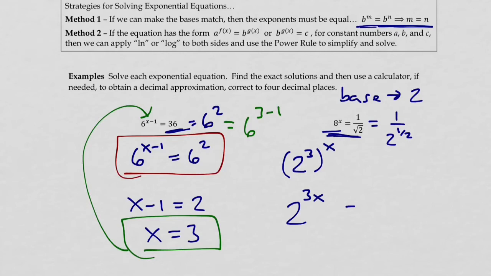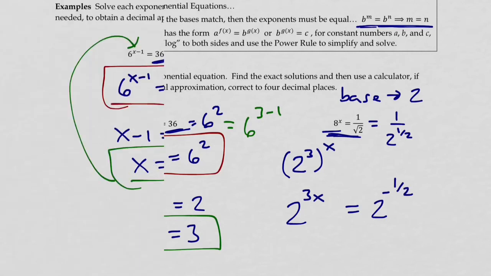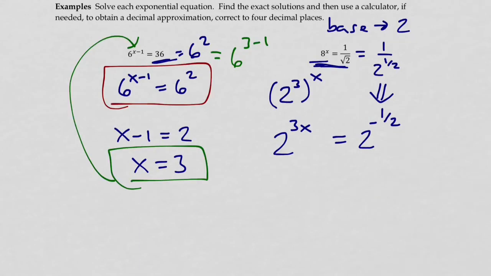So this turns out to be the same as 2 to the negative 1/2. So now we have a statement with equivalent bases. We have two simple exponential expressions on either side of the equation. Both of them have base 2, and so we can set the exponents equal to each other.